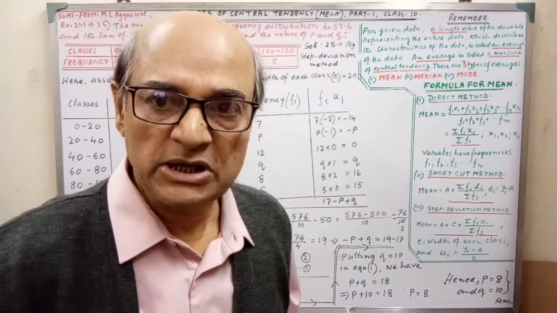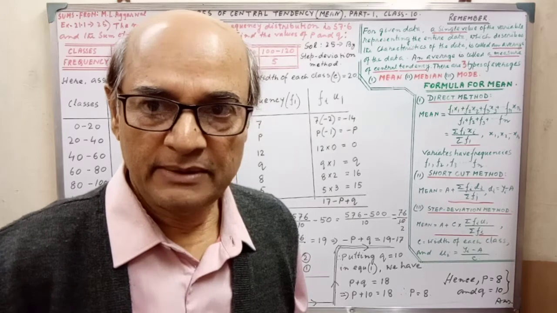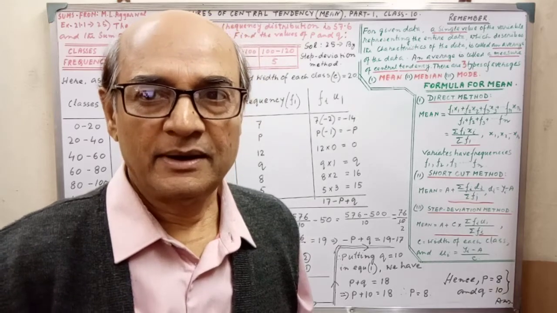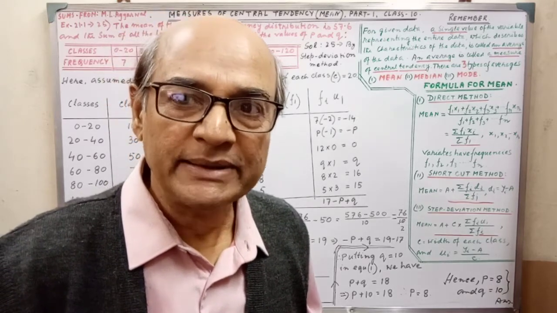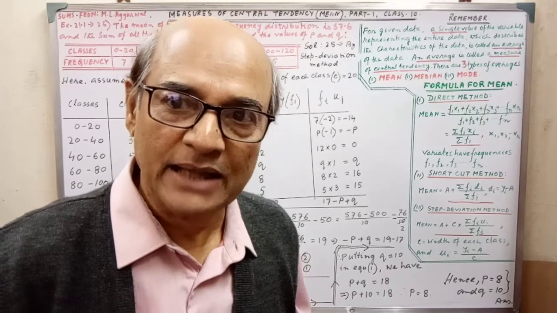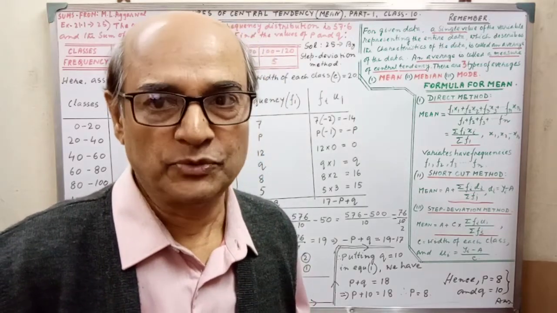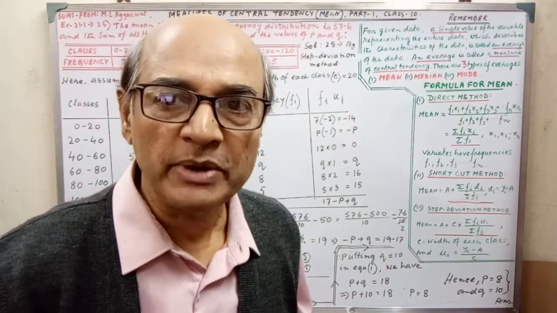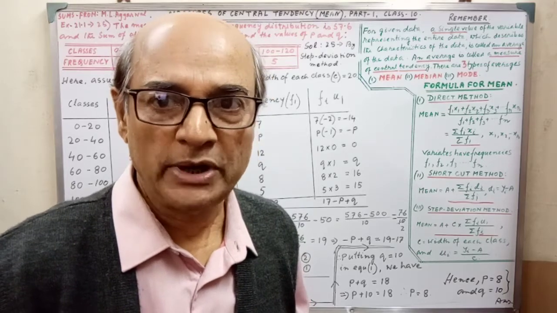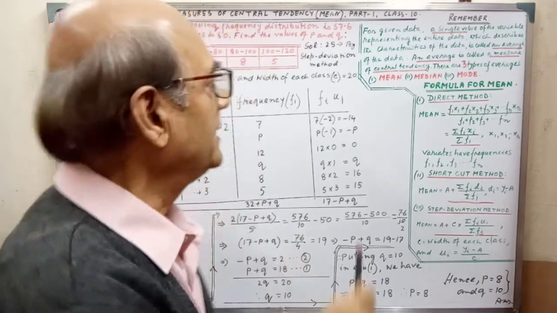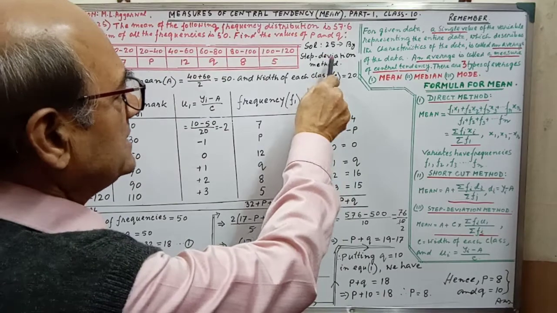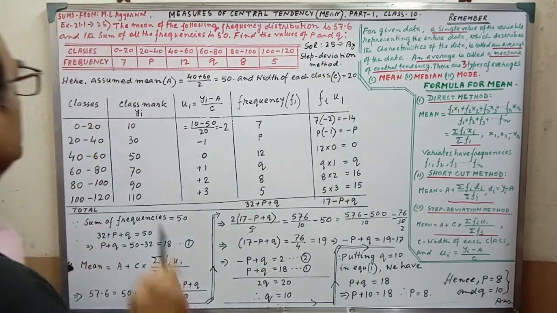Three methods you have to understand, because in a question, if the method is mentioned, then that particular method you have to follow. If the method is not mentioned, then you have liberty to do any method. And here I am doing it in step deviation method.